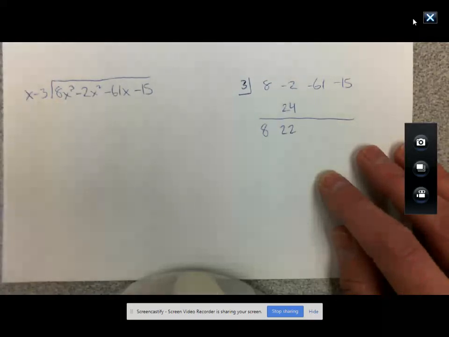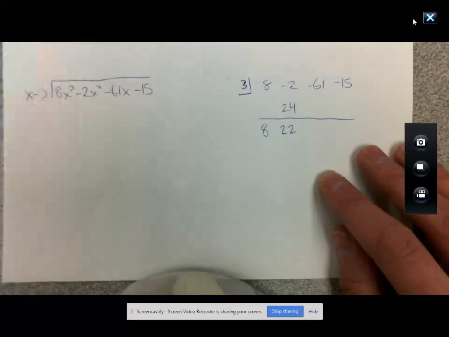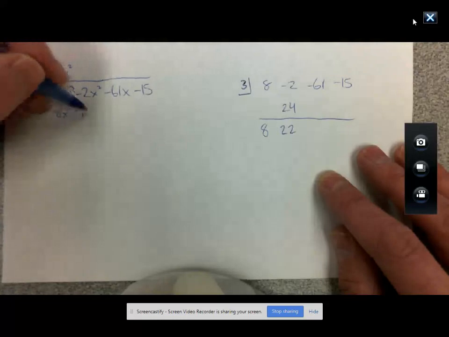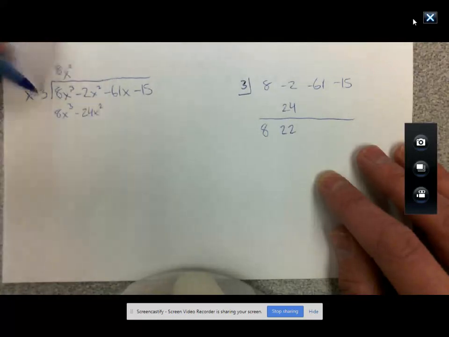Let's move back over here for a minute. For long division, I'm asking something times x that is going to give me something close to 8x to the third power. Well, 8x squared times x gives me 8x to the third. Then 8x squared times 3 is 24x squared, and 8x squared times negative 3 gives negative 24x squared.